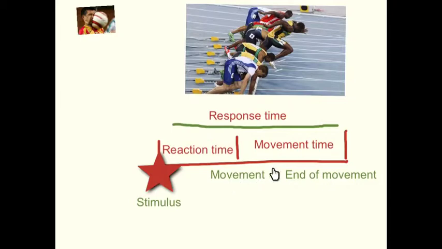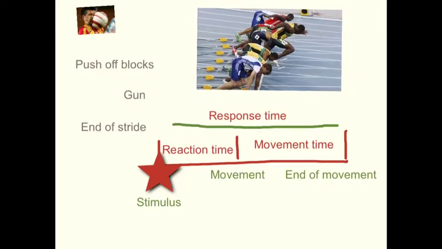The end of the movement is once we've left the blocks and we've finished pushing out of the blocks and taken our first stride. Sometimes in some exam boards and some textbooks we might refer to the end of the movement as when you complete the race. So the overall response time is the start of the stimulus, the presentation of the stimulus, which is the gun, to the end of the movement, which is the first stride of the sprint start, or alternatively could be the end of the race.